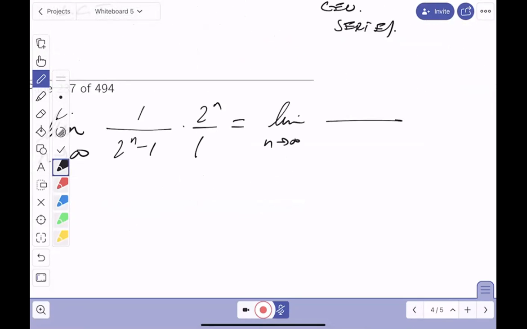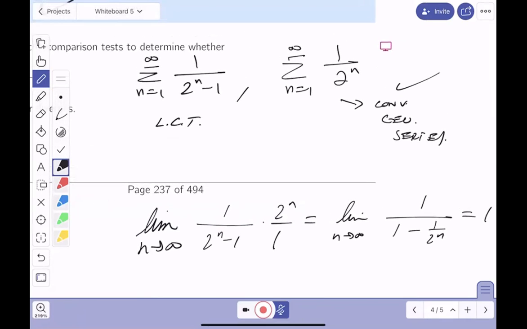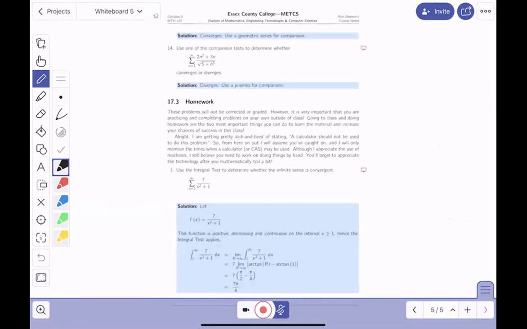I'm going to divide top and bottom by 2 to the n, so I get 1 over 1 minus 1 over 2 to the n. And if you do that limit, you get 1. So it's a finite number. LCT says if this converges, this also converges. All right, let's go to the next page. See how we did. And yep, geometric is used for comparison.